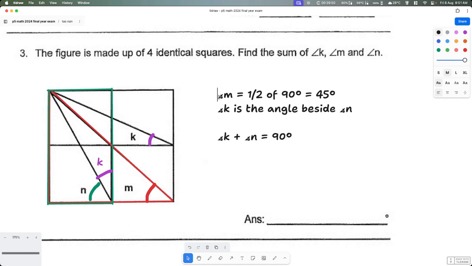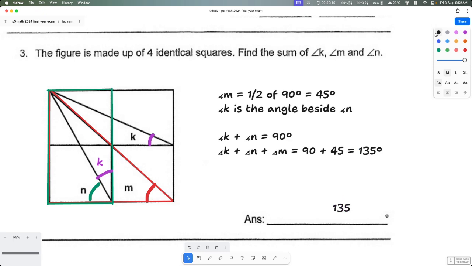So the whole thing, angle K plus angle N plus angle M, is equal to 90 plus 45, which is equal to 135 degrees. That's what you see over here. So that's the answer, 135 degrees.